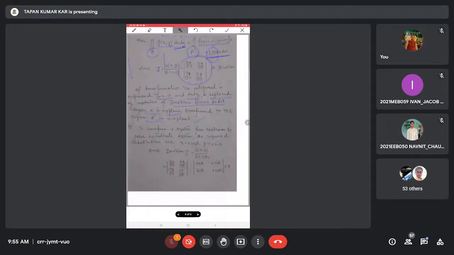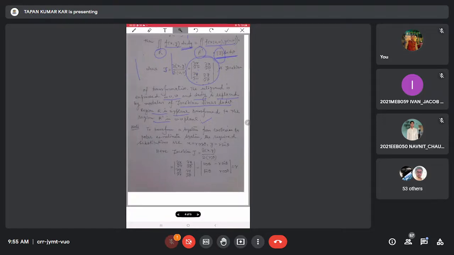Okay, next, just one example is given here. Look at this very popular transformation, from Cartesian to polar: x equal to r cos theta, y equal to r sin theta. In that case the Jacobian is the determinant of ∂x/∂r, ∂x/∂theta, ∂y/∂r, ∂y/∂theta, that is cos theta, minus r sin theta, sin theta, r cos theta, which is equal to r.